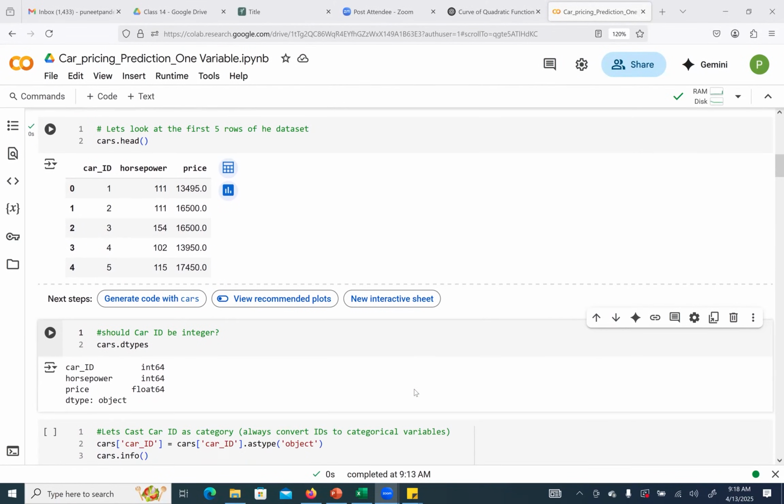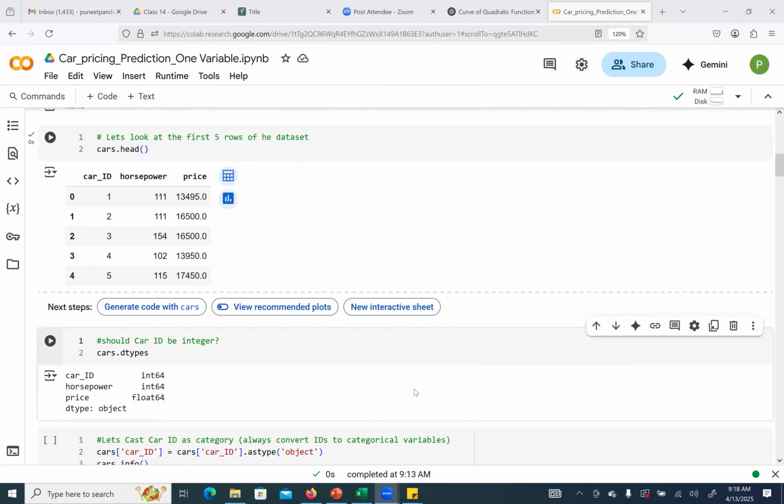Sir, one question here. Car ID 1 and 2 have the same horsepower, but it is showing different prices. Then while deciding the price, how will we evaluate what's the correct thing? So, for deciding the price of the car, horsepower will not be the only variable.